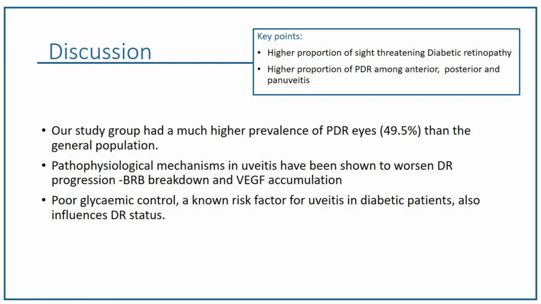Again, the pathophysiological mechanisms that have been discussed involving both uveitis and diabetic retinopathy include blood-retinal barrier breakdown and VEGF accumulation. Maybe both of these might contribute to the higher proportion of PDR among our cases, but again, we will need a longitudinal study to decide that. Poor glycemic control, which is again a known risk factor for uveitis in diabetic patients, also influences the diabetic retinopathy status.